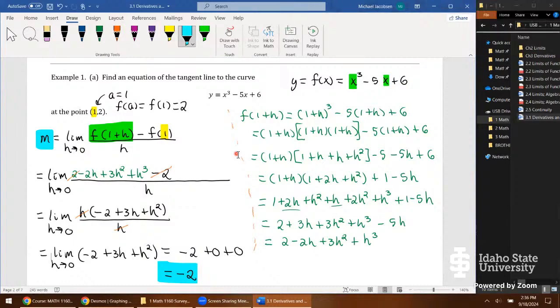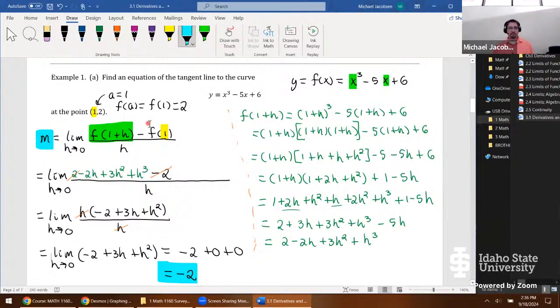Yeah, I was just wondering, as we were going through simplifying the problem, where did the negative 2 on the end come from? It's like the top of the 3 limits on that left-hand side. Yeah, that one. So this negative 2 came from minus this f of 1 right here. And then the f of 1 came from that second point.